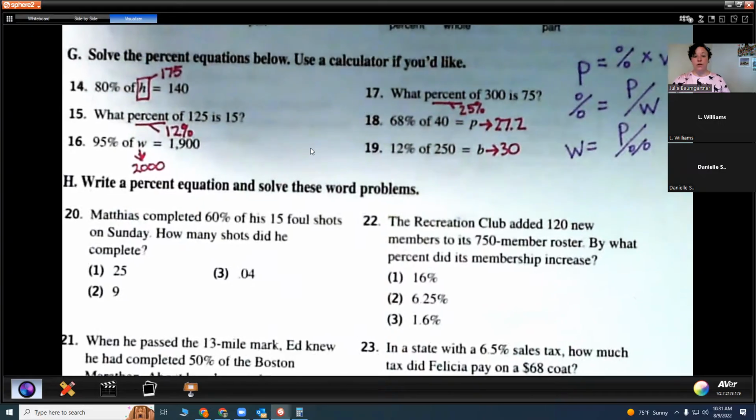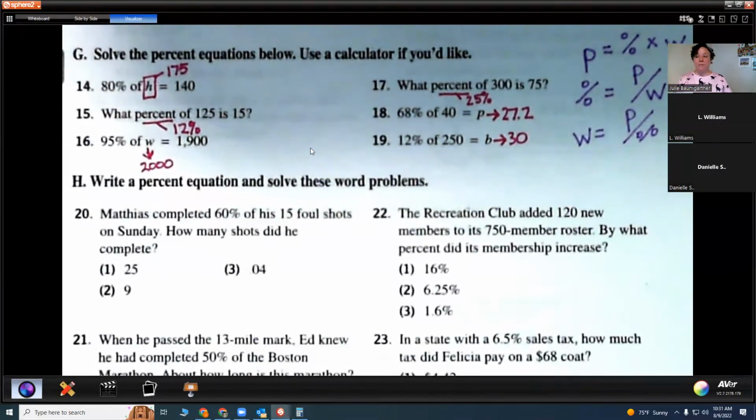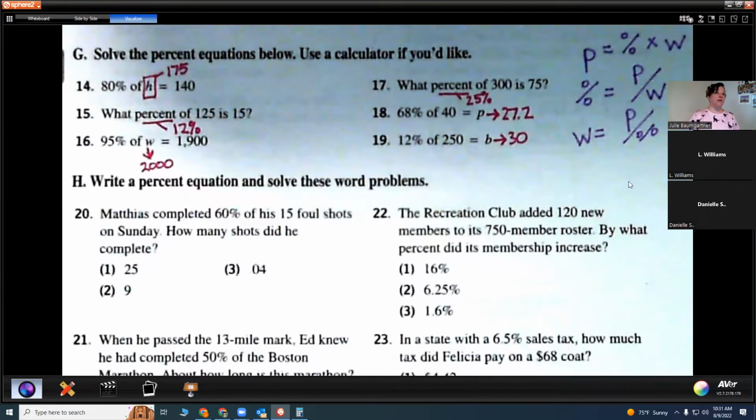Mm-hmm. Sure. Do you want to take the GED practice test, is that what you're talking about? Okay. Sure. Well, you can only schedule two tests in a day. Do you want to take the practice test first, or do you just want to schedule the actual test? Okay.